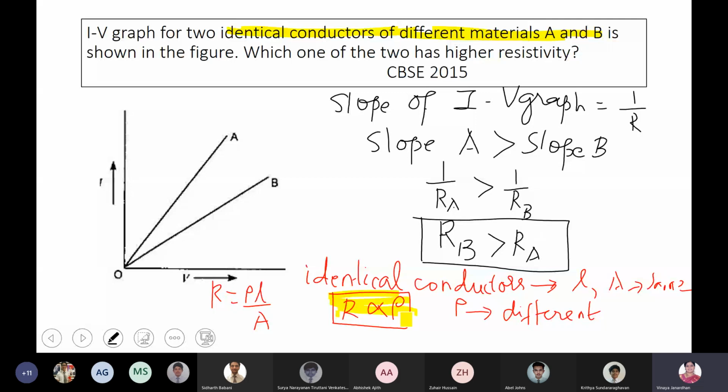From the graph, you have got RB is greater than RA. If R is proportional to rho, then rho B will be greater than rho A. Is that fine? Therefore, rho B will be greater than rho A.